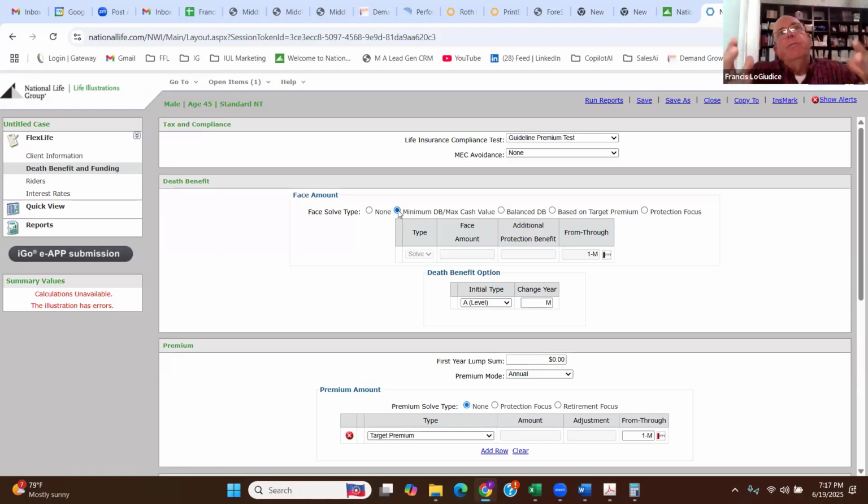So just think about it again. Let's just keep it real simple. Let's say this is a 45-year-old, has a $500,000 mortgage, and the guy makes $150,000 a year and has $1 million of life insurance.